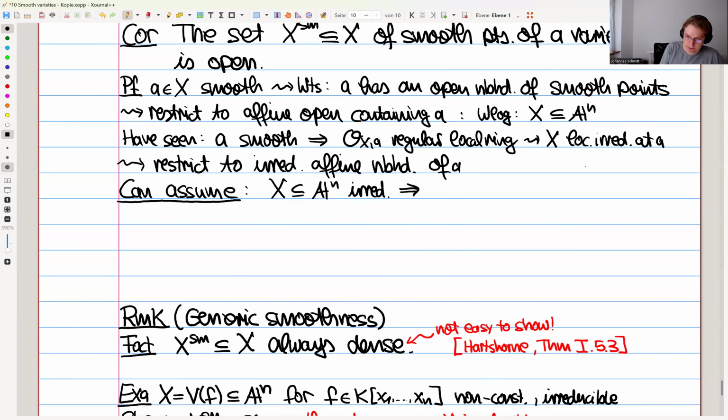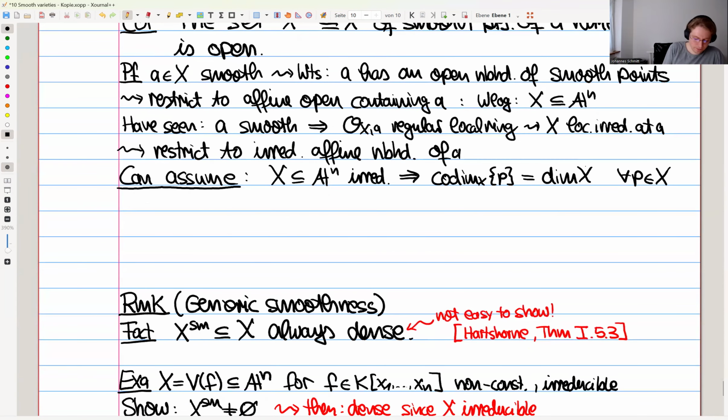And then the good thing is that this codimension of any point P here is just given by the dimension of X for all P in X. And that's nice because then in the Jacobi criterion, one side is always the same number.